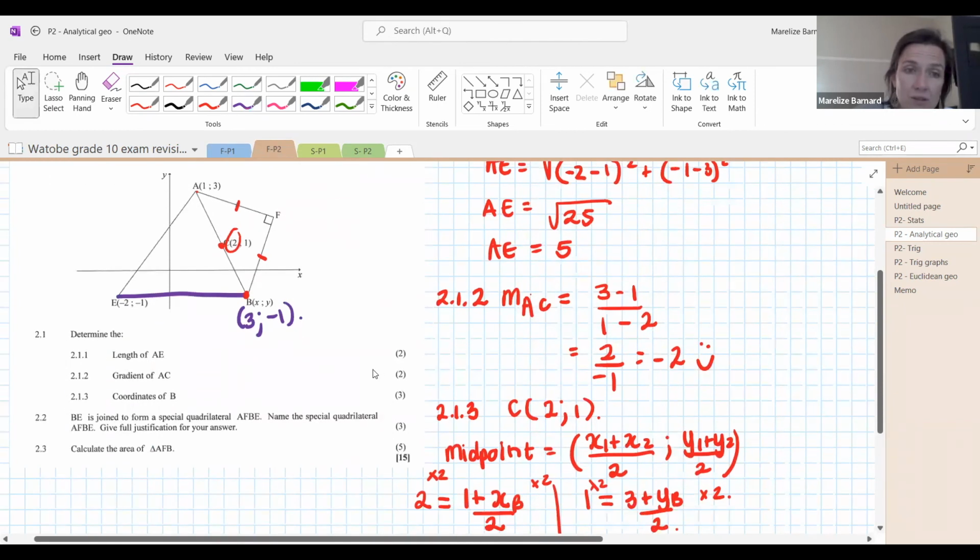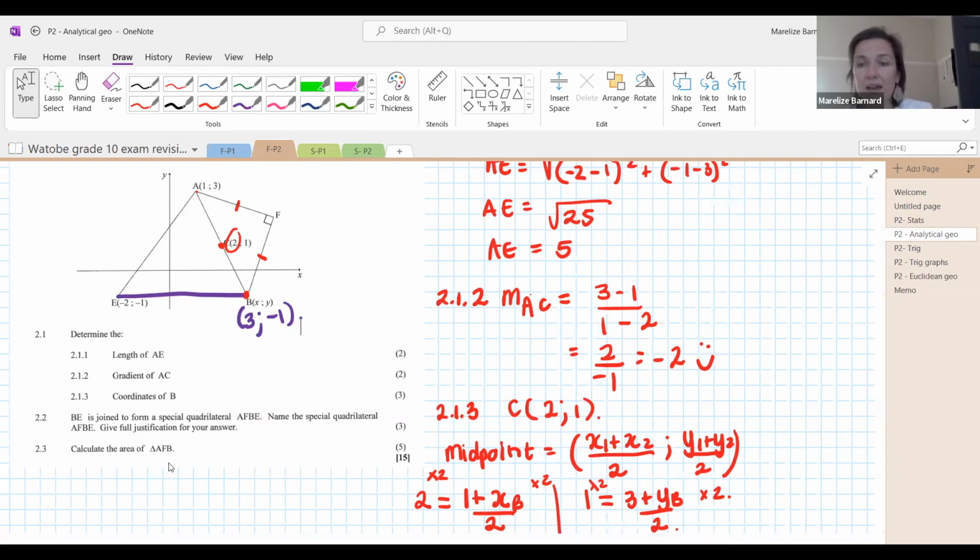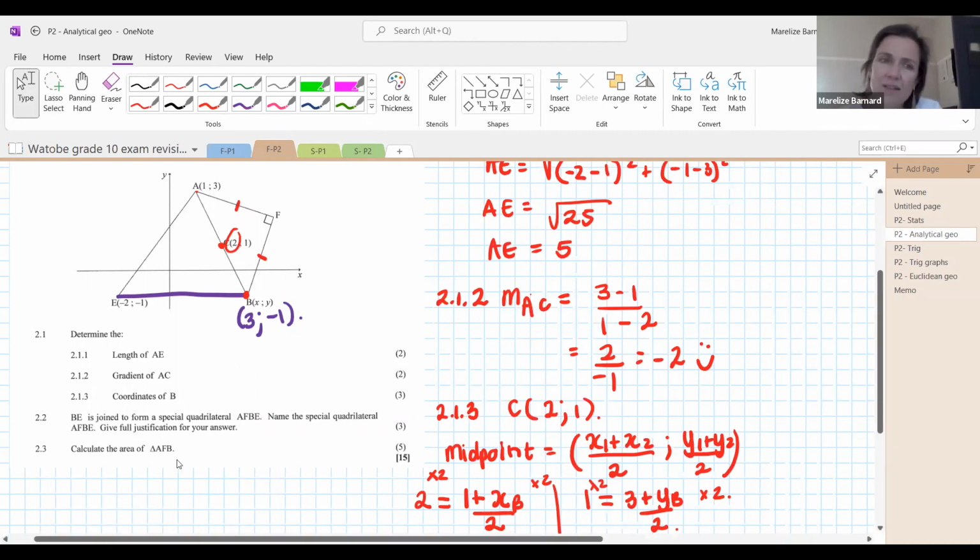Now, the next question asks us to calculate the area of triangle AFB. Triangle AFB. Does anyone have any ideas how we're going to do that?